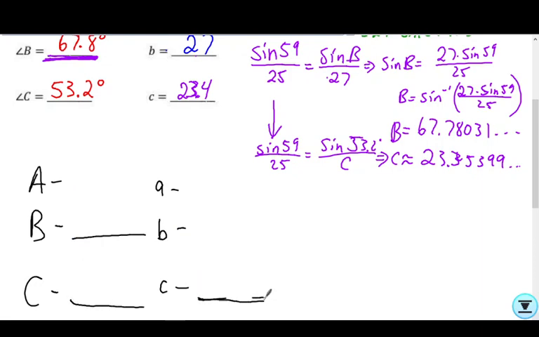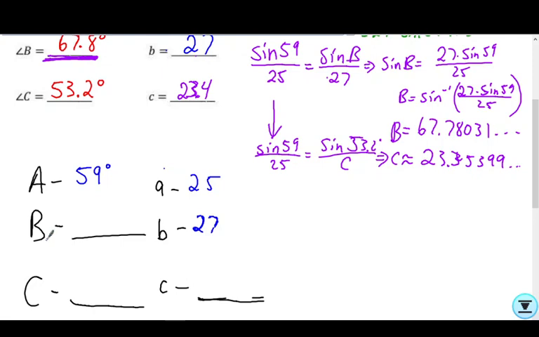Okay, so when I go to find my second solution, I start with the exact same pieces of information. So 59, 25, and 27, because both triangles are going to use these same three pieces. So, again, if I started solving this like I just did the last one, I'd have to find this B first.